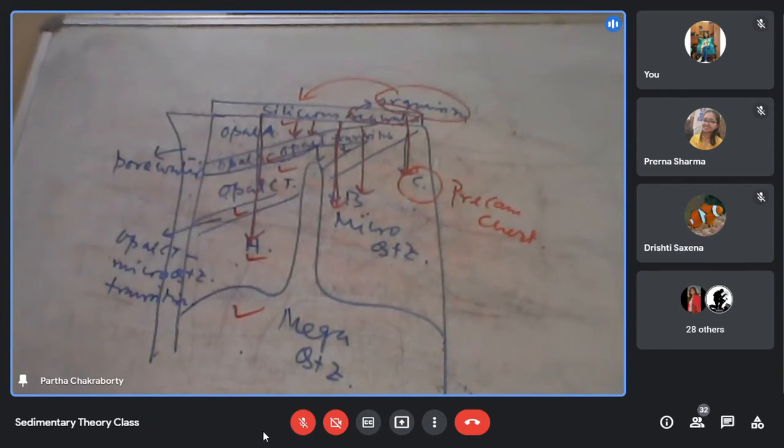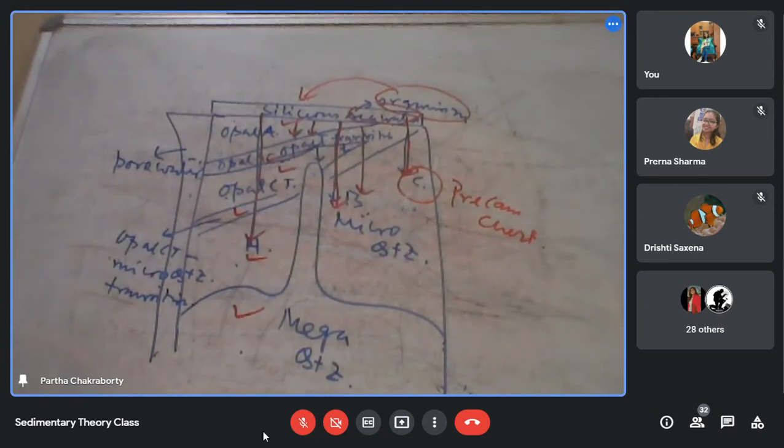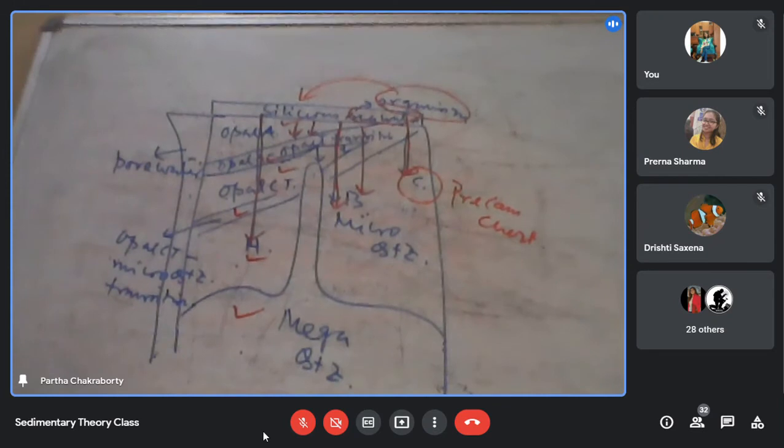So if chert is getting precipitated, definitely the temperature of the Archean ocean, people believe the Archean ocean had a temperature of more than 70 degrees centigrade, whereas the modern surface ocean is about 25 to 28 degrees centigrade.